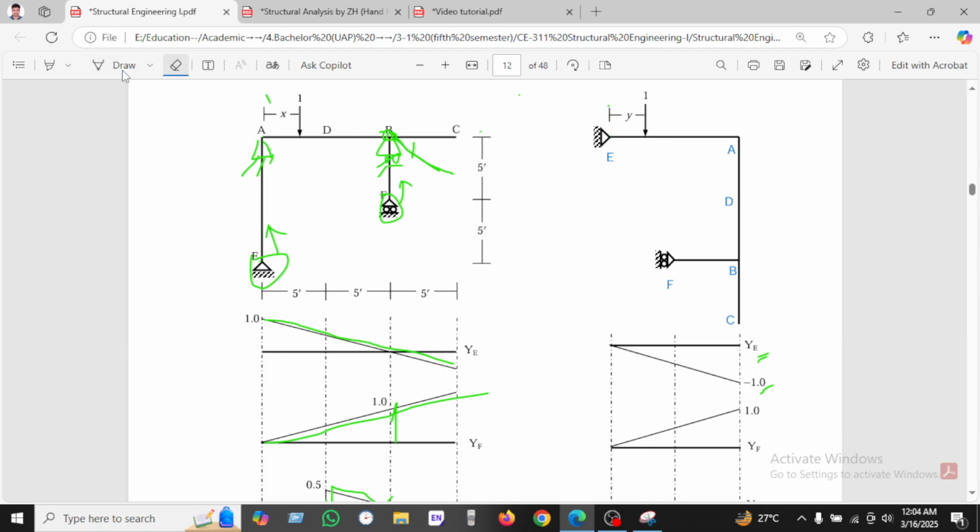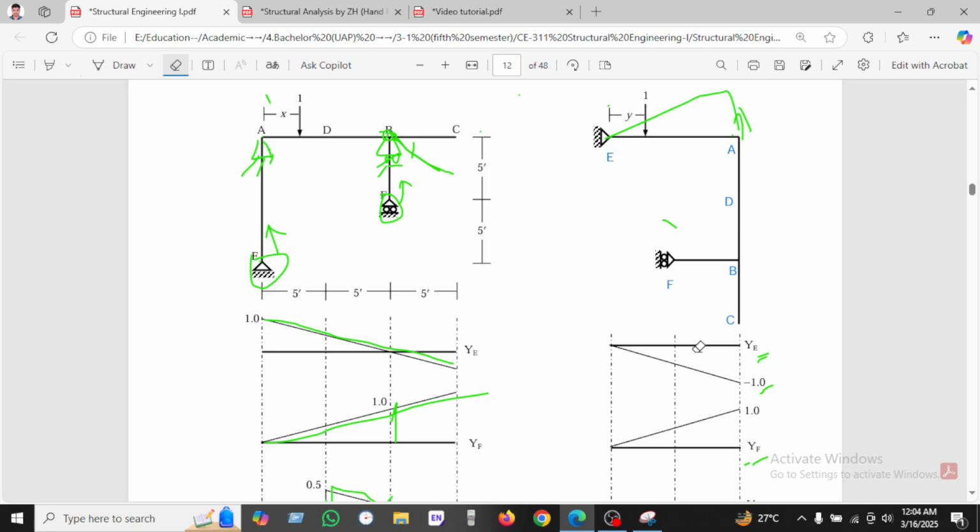Now we are seeing the other one, YF. This is YF. If we push upward, then the frame will go upward. All the frame will go upward by 1 unit. So we see all the diagram will be like this way. Okay.